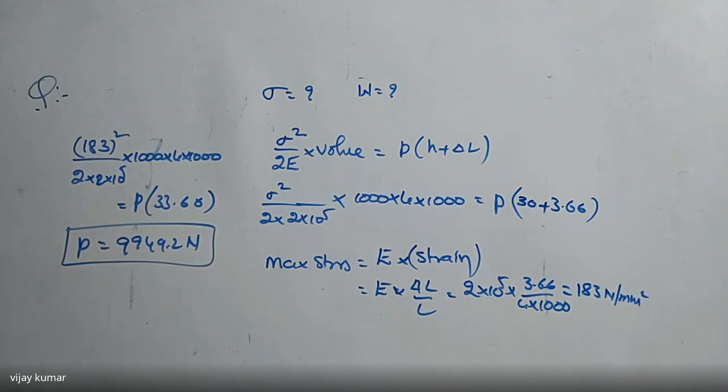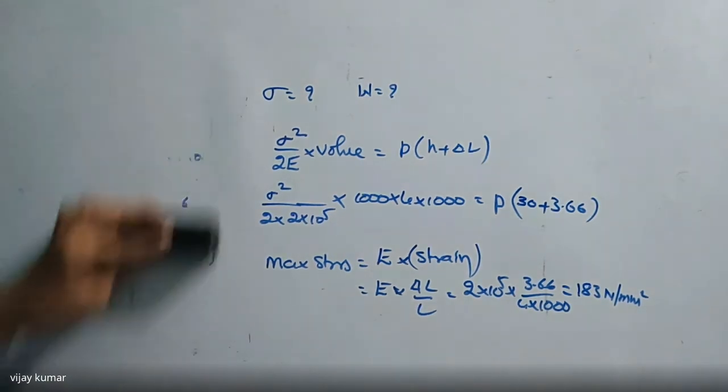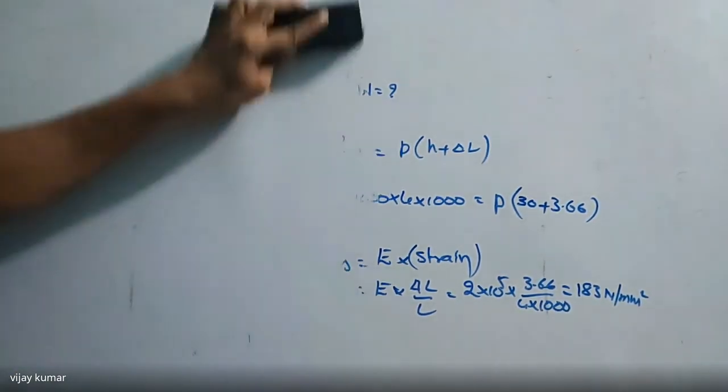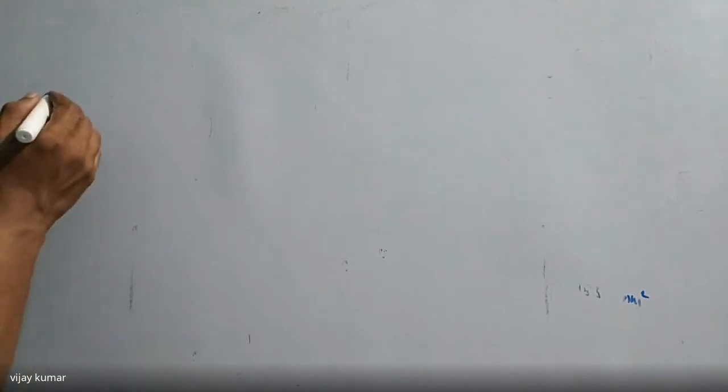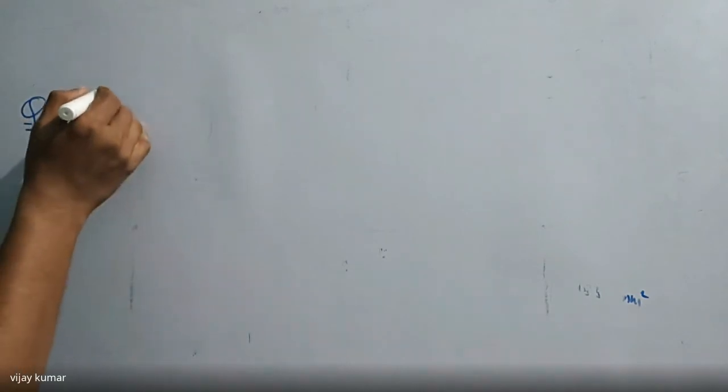Alright, so this is one way of solving the strain energy problem. I want to give one more problem on this, so please listen carefully. This is the diagram given for the strain energy problem.